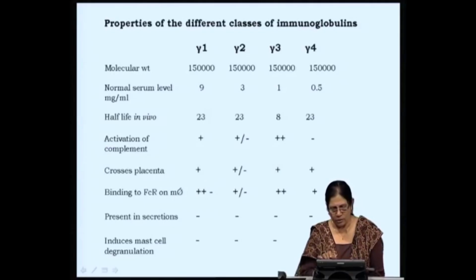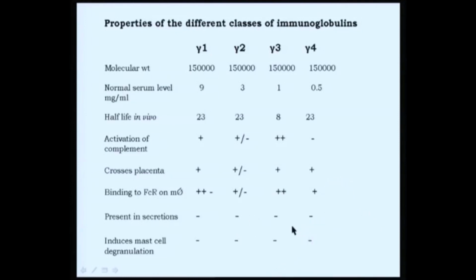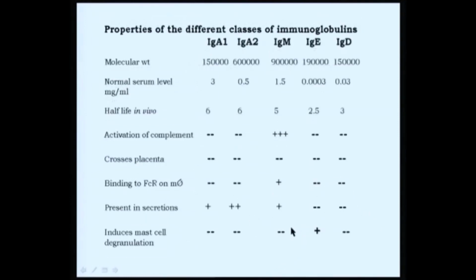This allows antibody dependent recruitment of the cells of the innate immune response. You may have studied that in some of your earlier classes. None of them are present in body secretions. None of them can induce mast cell degranulation, which IgE can.